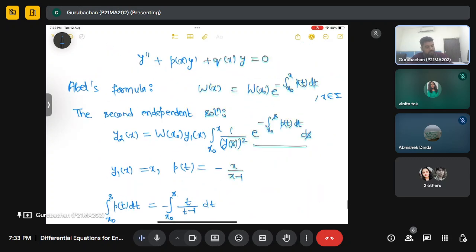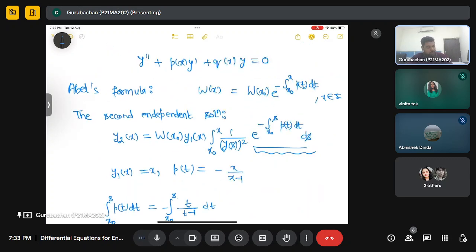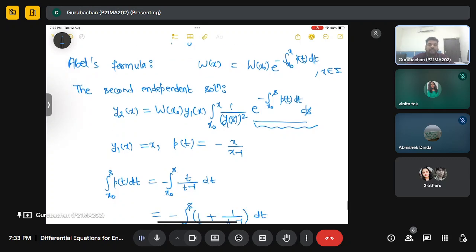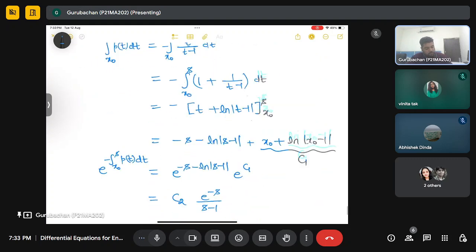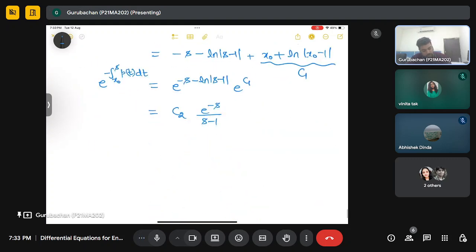Now you have solved this first term. Now we need to solve this: integration from x naught to x of 1 by y1 squared. What is y1? y1 was x only, so here it will be s. So x naught to x, y1 of s, its whole square, e to the power minus s, ds.